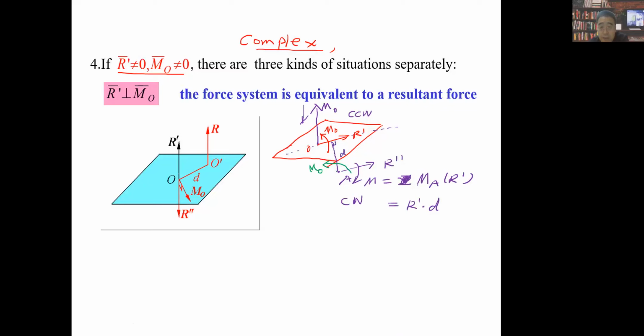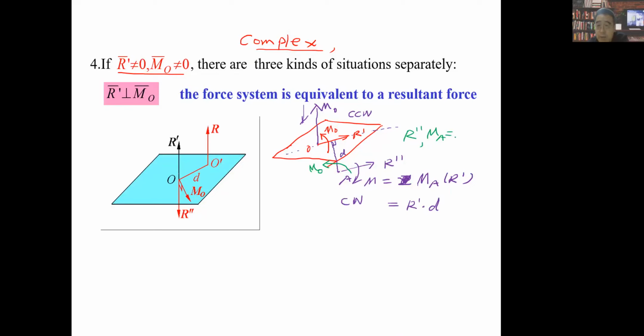You will find that at the new point A, we have R prime, and the new MA will equal M plus MO. But these two have different positions and different directions.